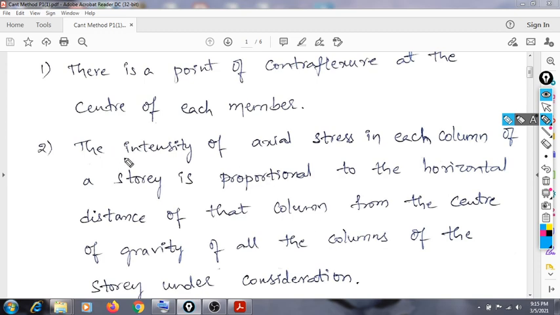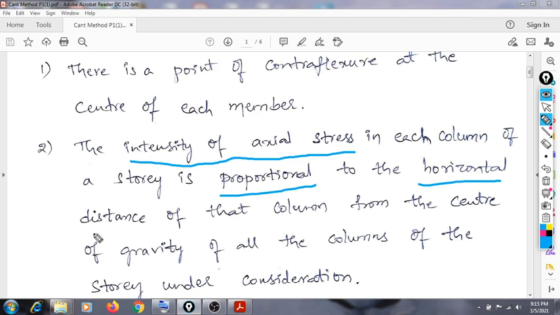That is, the axial stress is directly proportional to the horizontal distance from the center of gravity to that column. Both of these assumptions are important in solving the problems.